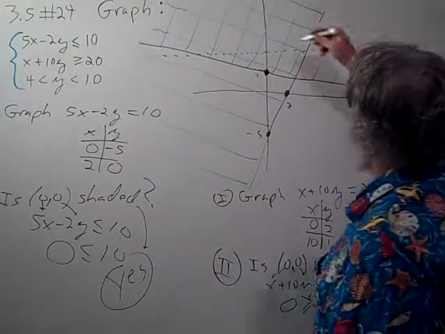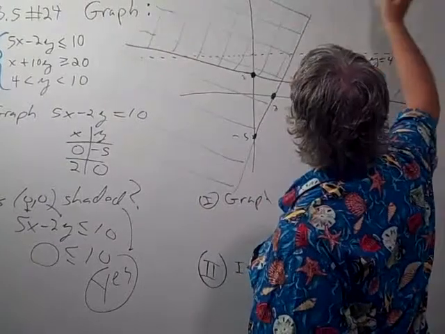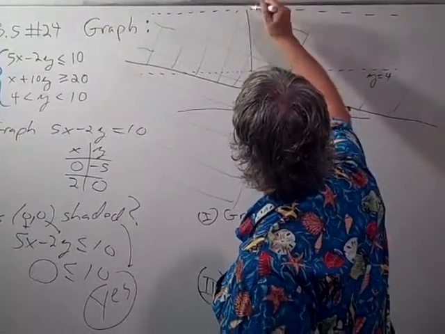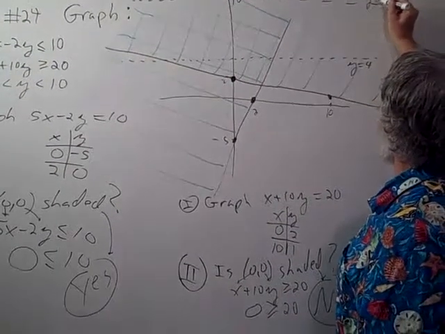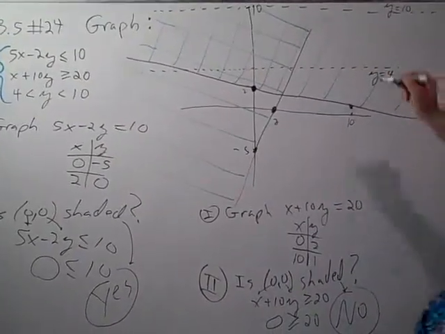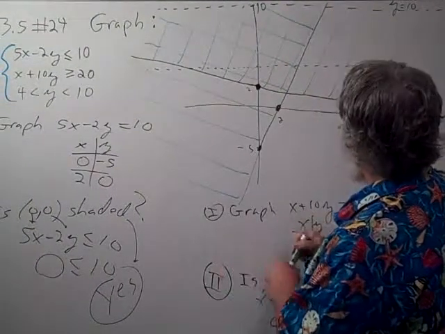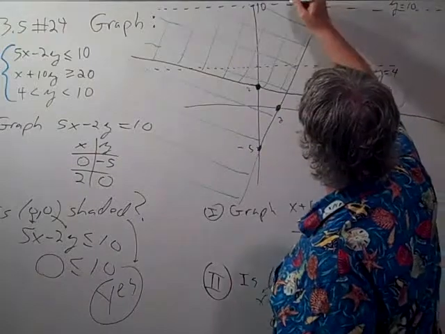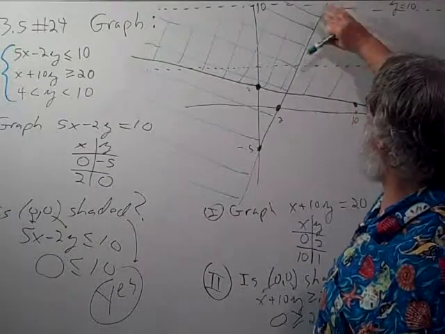Then we go up to 10, which is about up here. That's a height of 10 on the y-axis. And so that's the line y equals 10, this horizontal line up here. Now the y values of the solution set have to be between 4 and 10, which means between these two horizontal dotted lines.